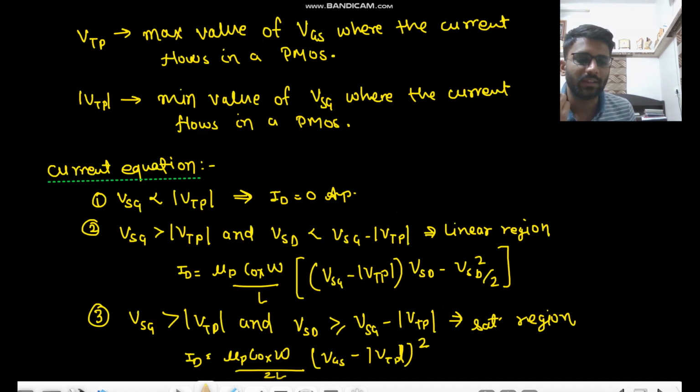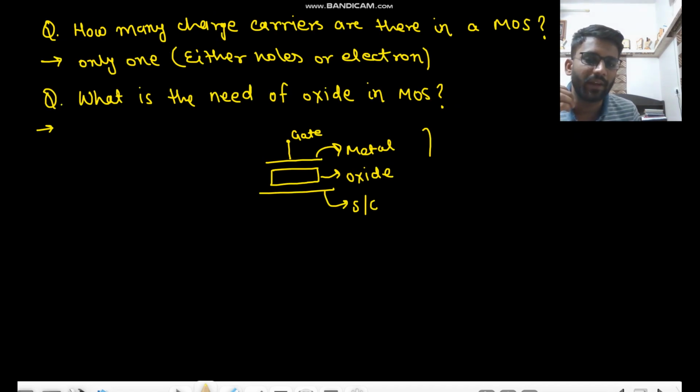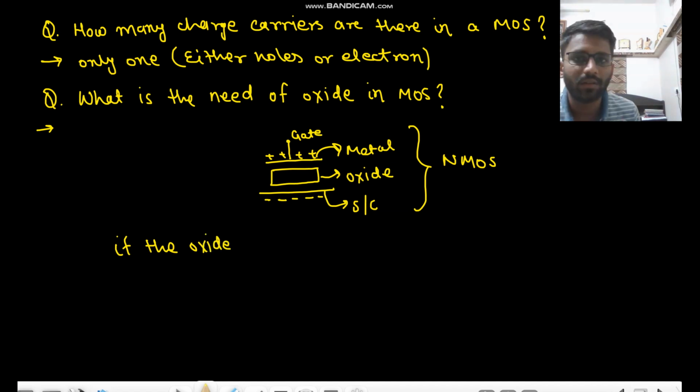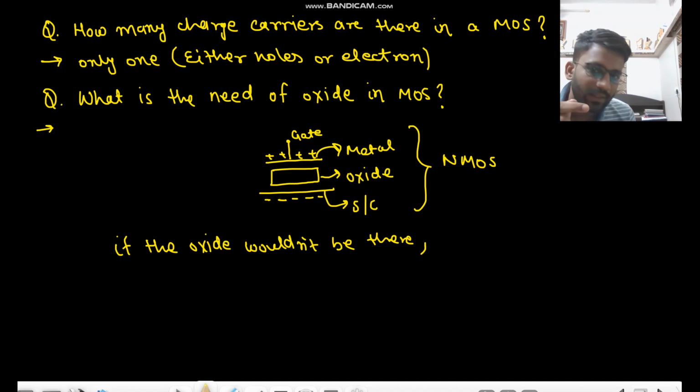So let's see. Let's consider an NMOS circuit. So this is NMOS. In NMOS, what do we do? We apply positive potential, right? And because of this positive potential, negative charge comes there. If the oxide would not be there, this negative charge would have crossed the layer.